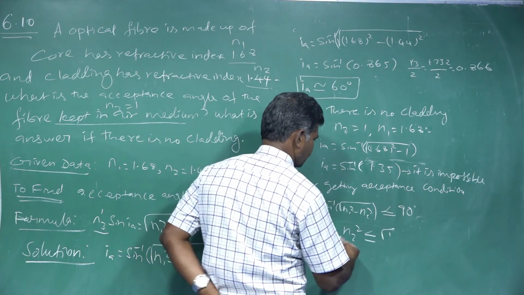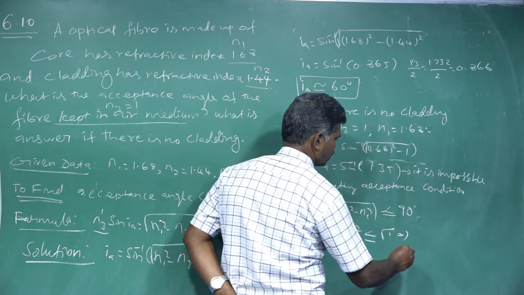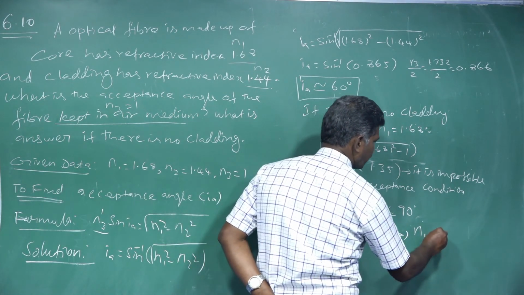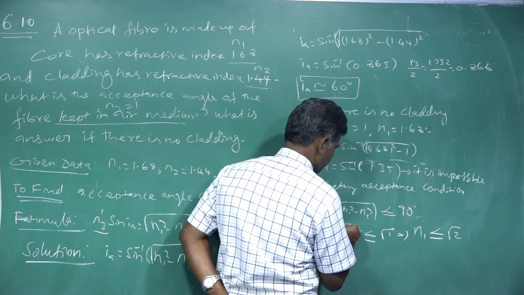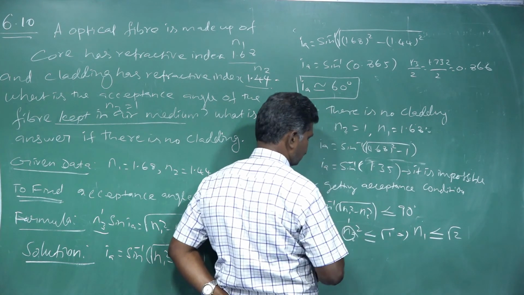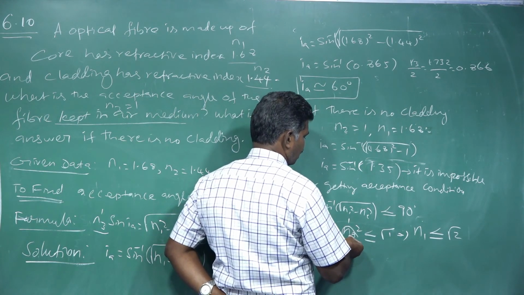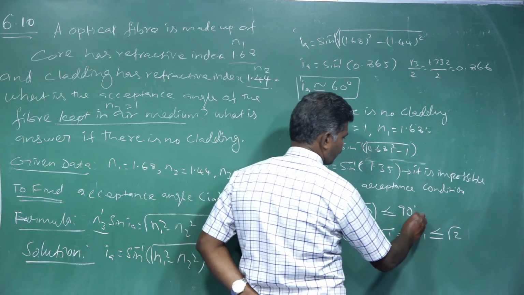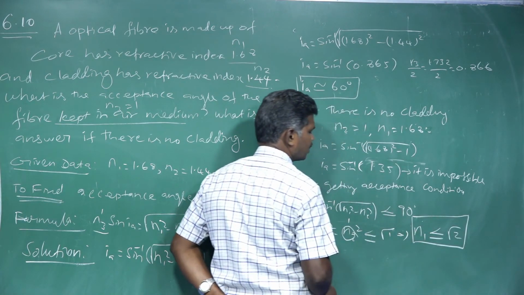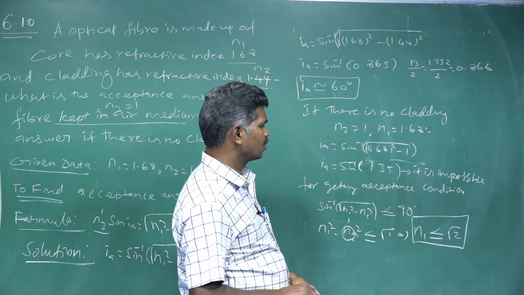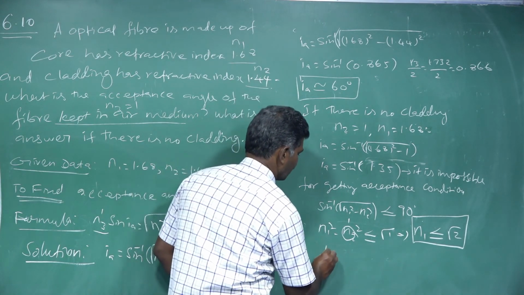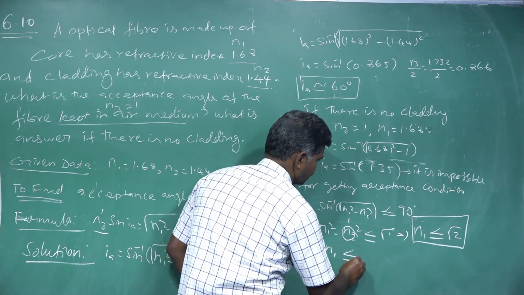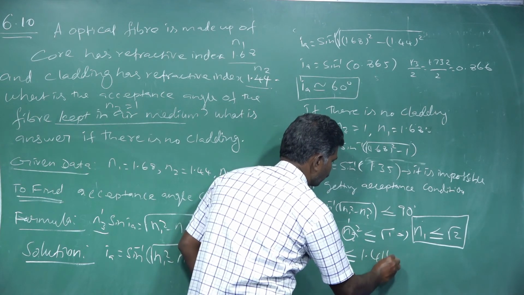Then rearranged, finally we get n1 should be less than or equal to root 2, because n2 becomes 1 and its square becomes 1 itself. That's why n1 is less than or equal to root 2, that is n1 value less than or equal to 1.414.